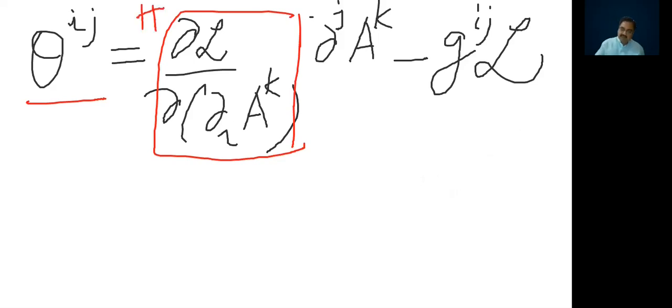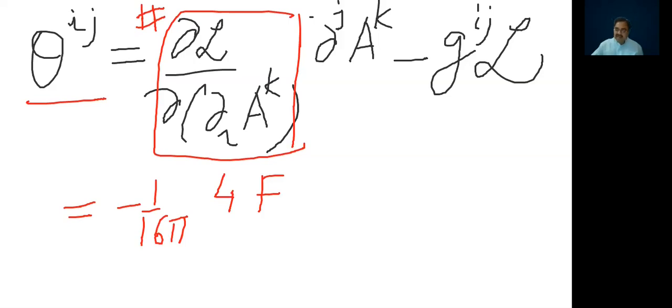So please do this. The first part will become minus 1 over 16π, which comes from the Lagrangian, and then you have 4F, right? And this ik, look here at the denominator. This is ∂_i A_k, and i is a covariant index in the denominator, so it should go up here, and k is the contravariant index, so it should go down. So we should write it like this, and then the whole thing.